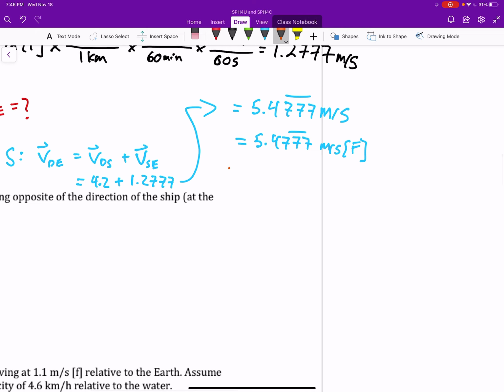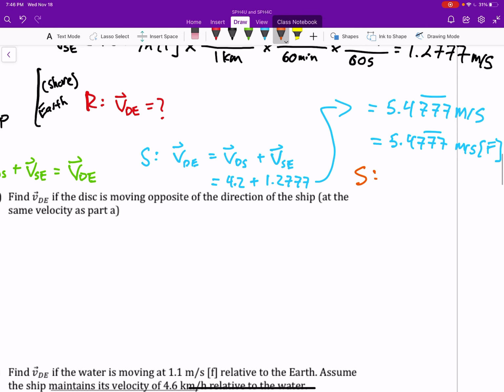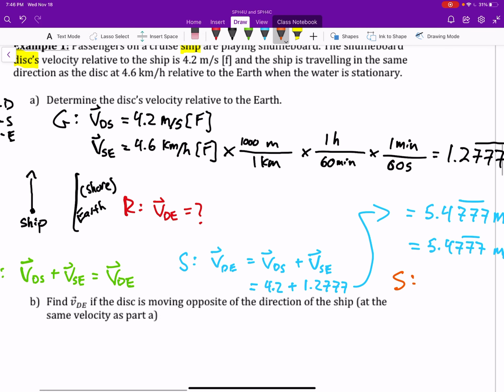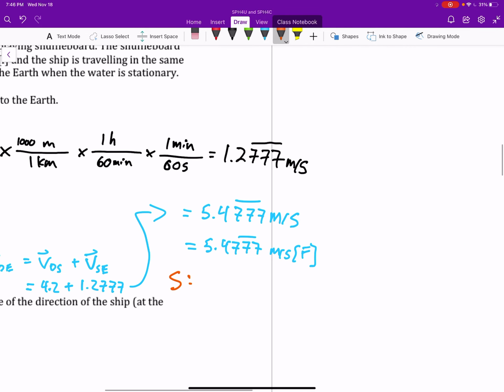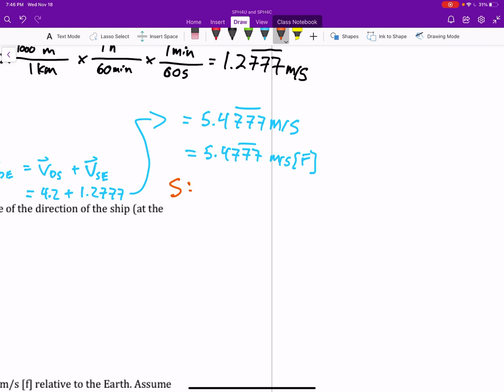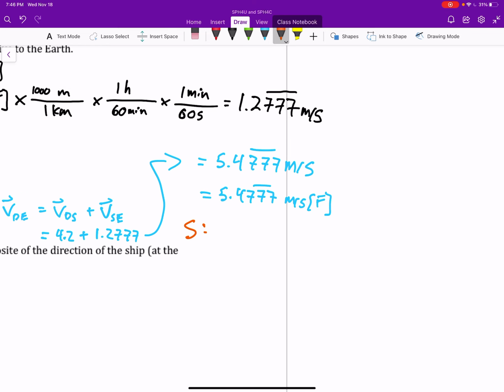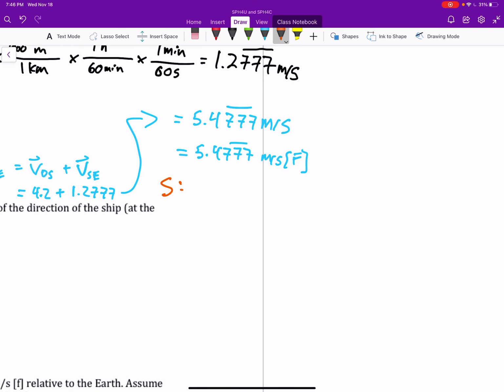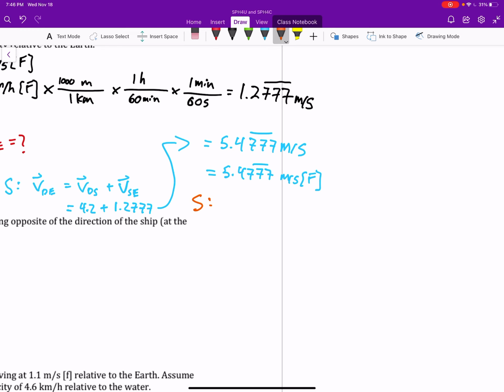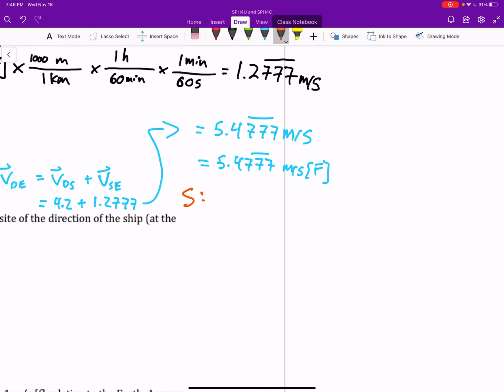We can round our value. The question gave us 4.2 and 4.6. They each only had one decimal place, which means that our answer should only have one decimal place because we're only adding. We haven't done anything else other than multiply by these conversion factors, which do not count towards our significant figures. So rounding to one decimal place, we take a look at the 4, which is what we're going to round. Look to the right.